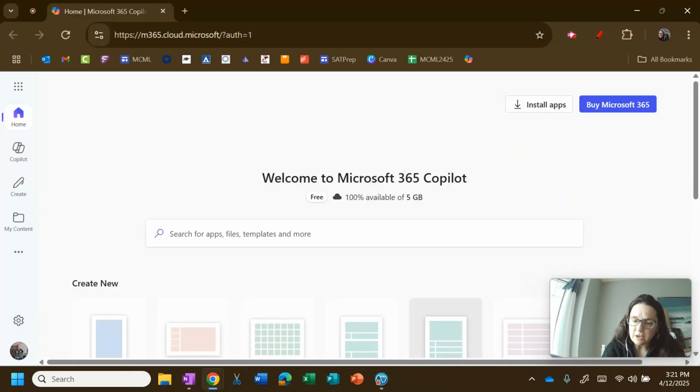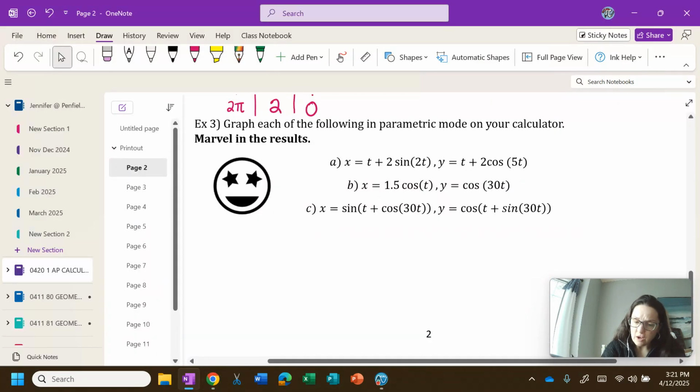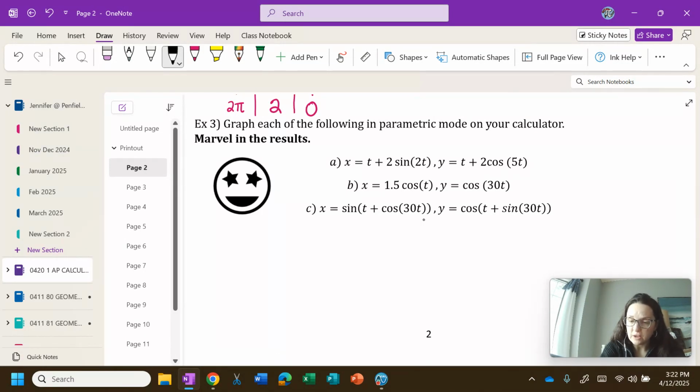And then last but not least, we have, ooh, this is crazy, sine of t plus cosine 30t, still in parentheses. And then cosine t plus sine 30t. Okay, sine of t plus cos 30t.